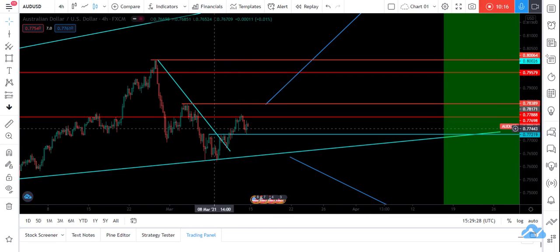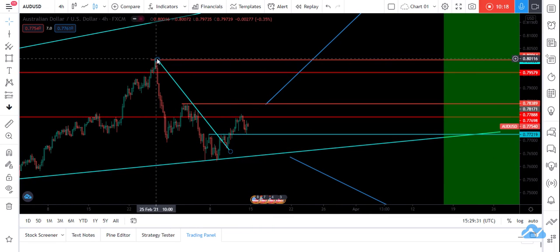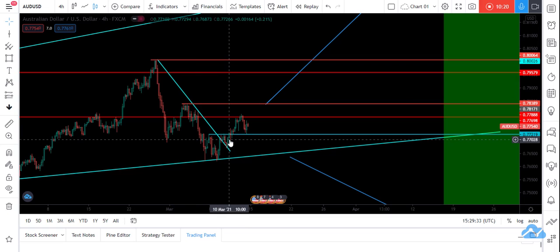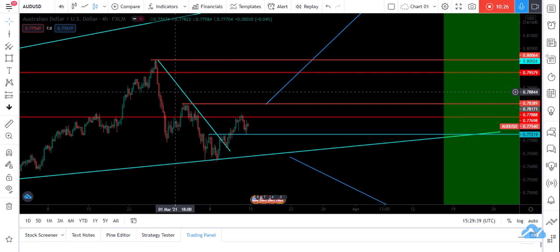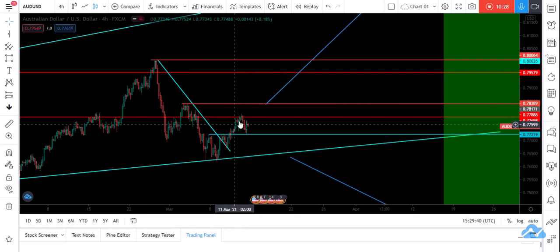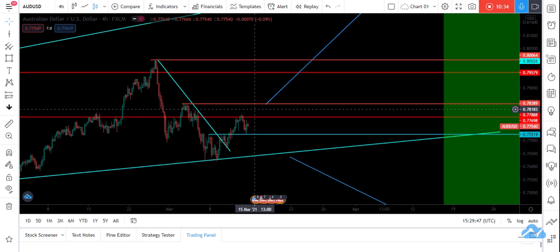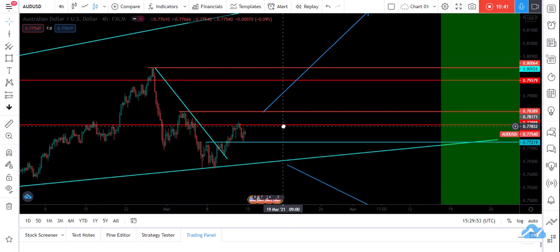Right now, what's really likely is that the corrective phase seems to be over on the 4 hour time frame, and the price has resisted at this level at 0.7796. So if the price closes past this level, we have resistance at 0.7840, and if the price breaks above that, we'd have our next resistance here at 0.80.